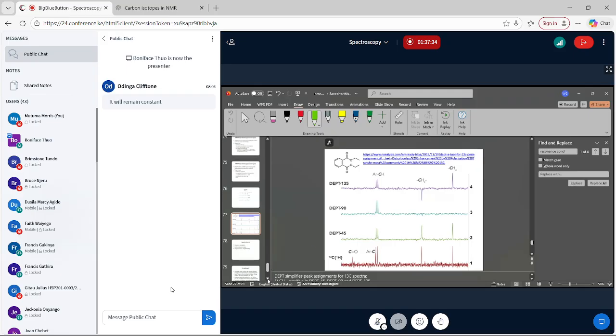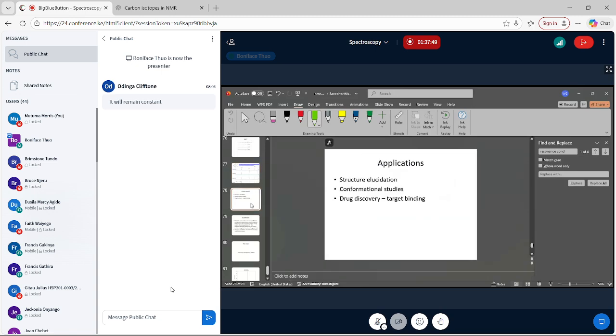So that is the same DEPT, but now from a specific compound, showing the application of DEPT to that compound. And those are the applications of NMR.